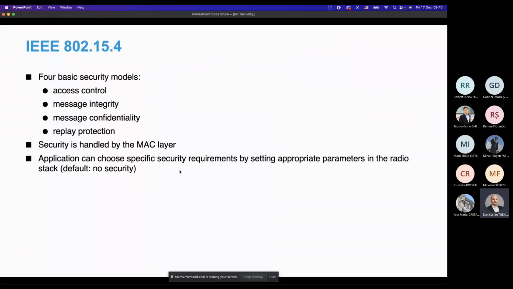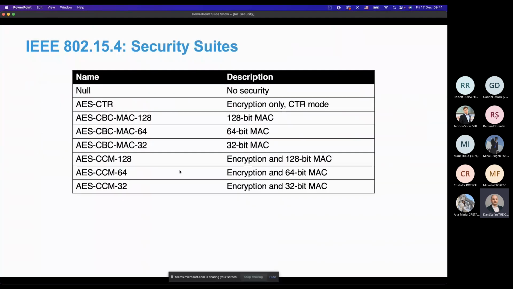So by default, for example, security is not enabled in 802.15.4. You need to set it on. So the standard distinguishes between 8 security suites, each with different levels of protection for the transmitted data. These are captured in this table, basically. So these are the eight security suites.